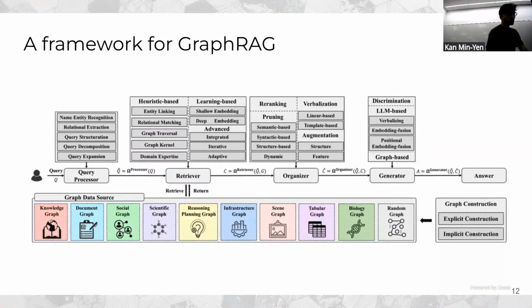The framework that this survey paper introduces tries to group or look at GraphRAG in this manner. There's a query processor at first. The purpose of the query processor is basically to process the query. There are several things that go on in there. I'll speak a little bit more about them, and the subsequent presenters will speak a lot more about them.